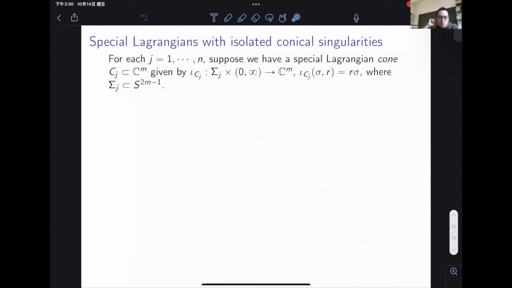So let me introduce special Lagrangians with isolated conical singularities. We start with special Lagrangian cones in the Euclidean space C^m with link sigma j. For each j, we get a special Lagrangian cone with this immersion.